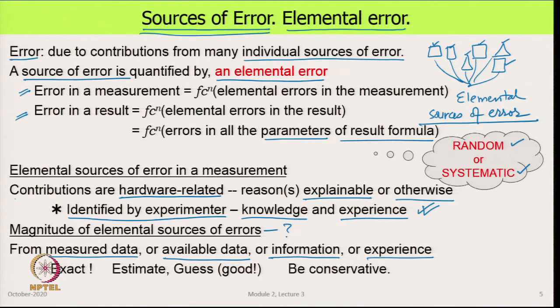So, there are various ways by which we can put a magnitude on the elemental sources of errors. We will learn about it in one of the later modules in the course. The point to note is that these are all largely estimates, and a very large number of decimal places do not make sense in this, which also tells us that saying this is the exact magnitude of the error just does not make sense.